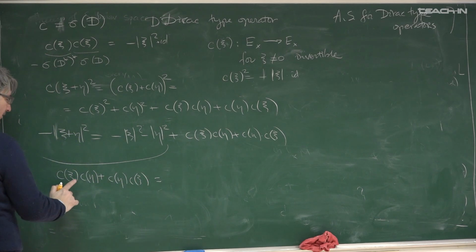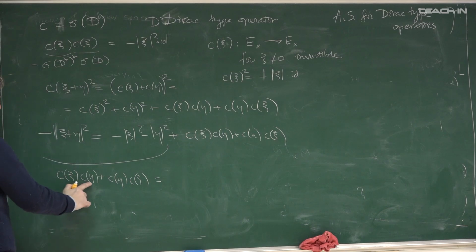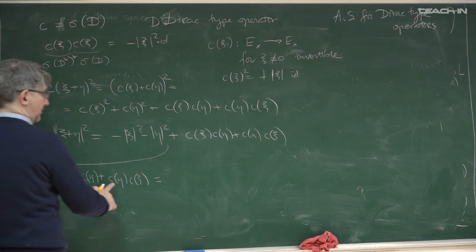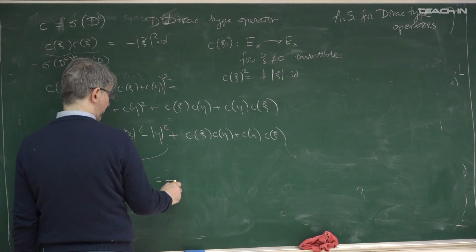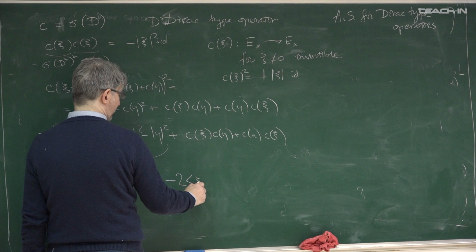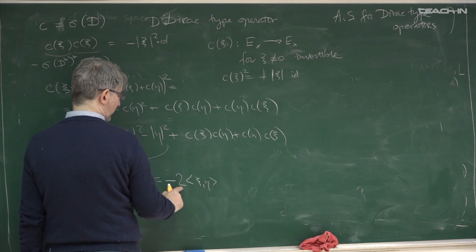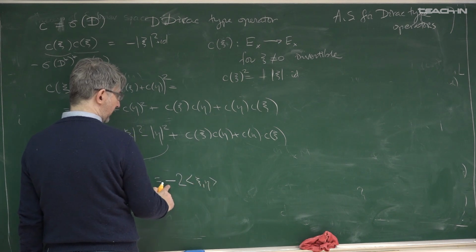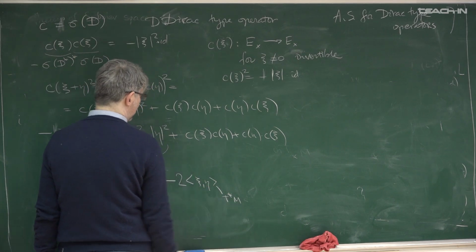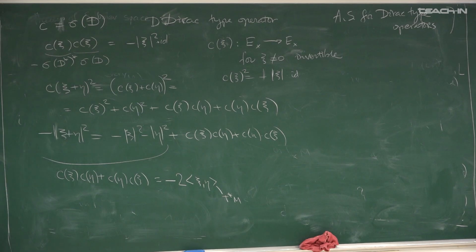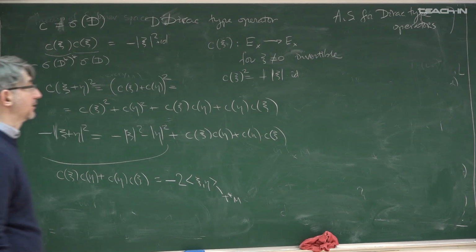If you take the operators which correspond to cotangent vectors and take their combination in this form, you obtain the usual scalar product of these two vectors twice with minus. The scalar product is taken in the cotangent vector bundle. And this is a very, very important relation which forces us to consider the following algebra.